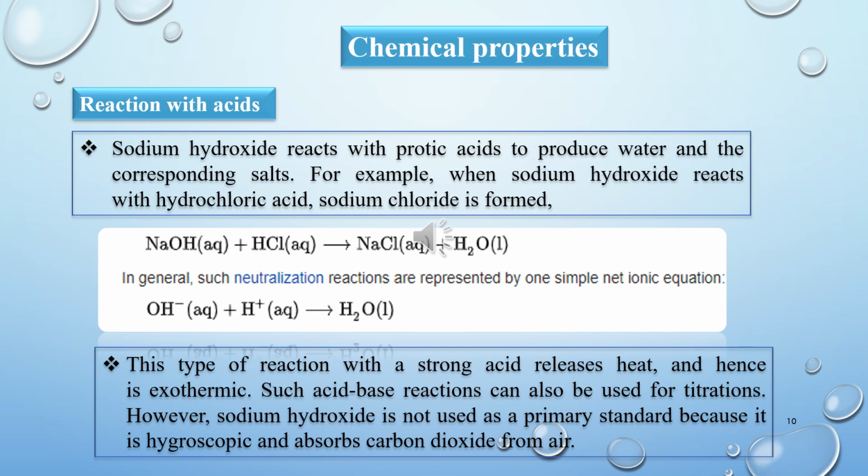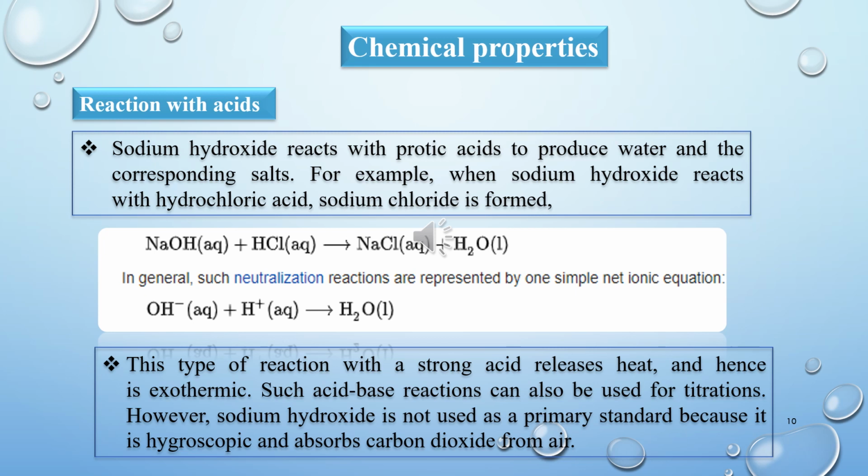Here in the figure you can see that sodium hydroxide is reacting with hydrogen chloride and forming NaCl, which is salt, and water. In general, such reactions are represented by one simple net ionic equation in which hydroxyl ion from sodium hydroxide and hydrogen ion from hydrogen chloride react with each other and form water.